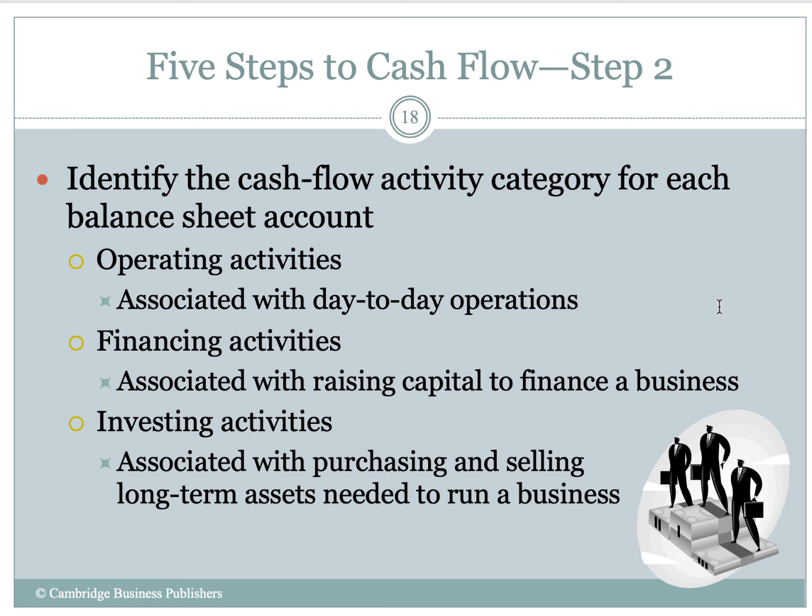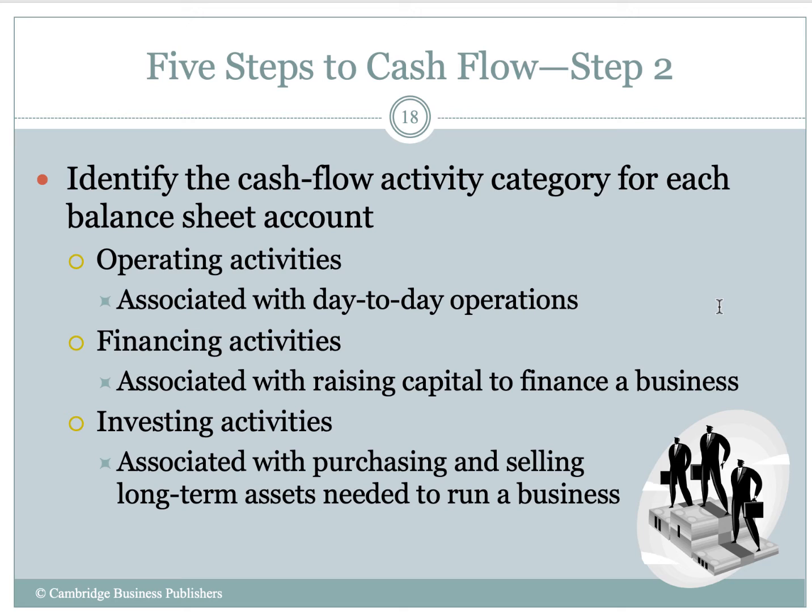Second thing we need to do is identify the cash flow activities for each of the balance sheet accounts. Remember, operating activities, financing activities, and investing activities. Operating activities are associated with those day-to-day operations, right? What do we do in our core business? Well, we sell stuff, okay? Any expenses that we incur as a result of buying and selling stuff is an operating activity.